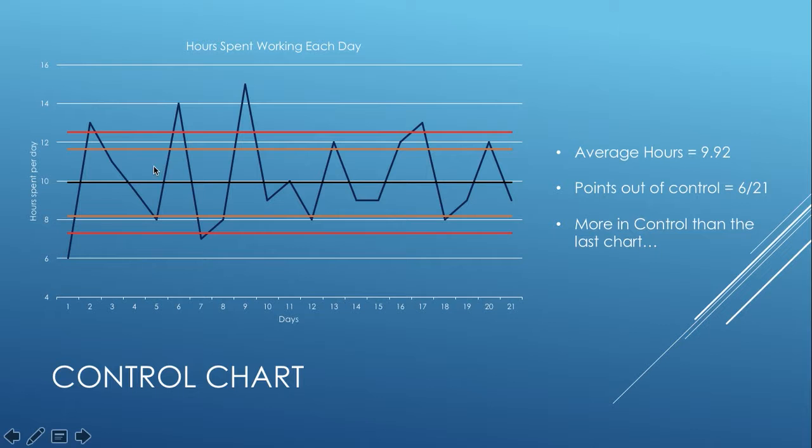Now for control points, I guess it's good that some of them are above the graph, working on school and extracurricular stuff more than I thought I would. It's 6 out of 21, so it's not great, but it's more in control than the last chart, and I can see improvement in the averages.